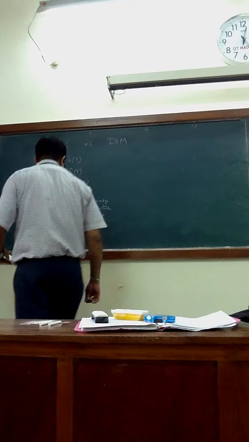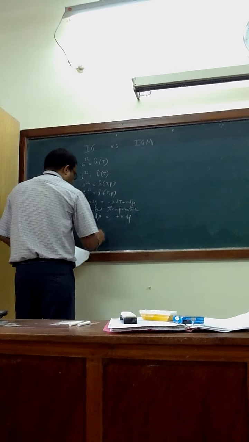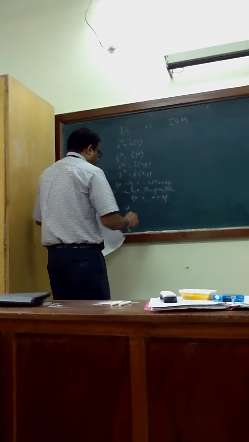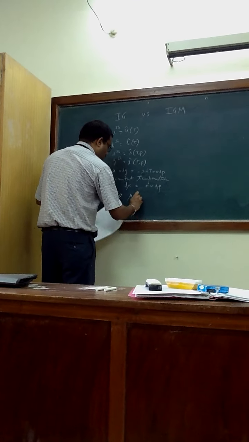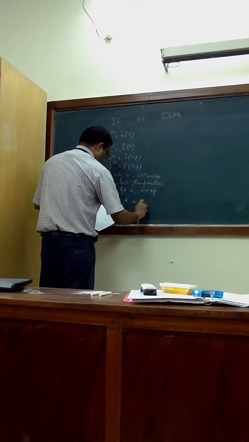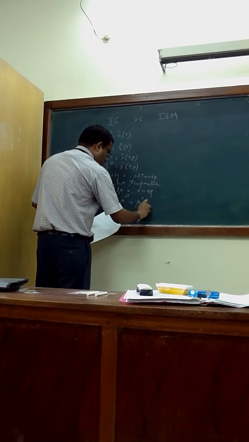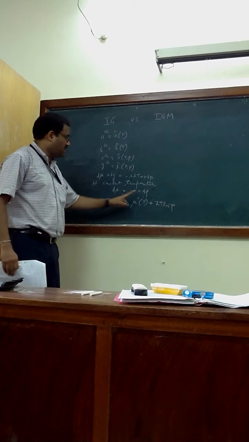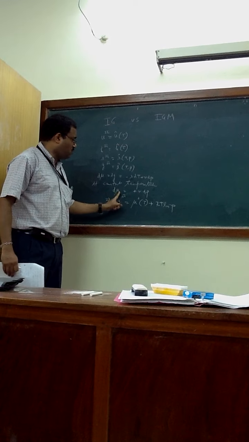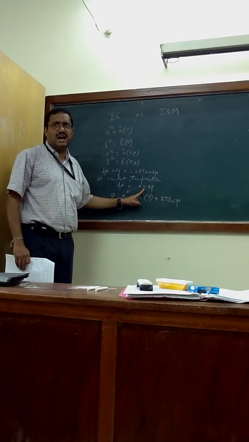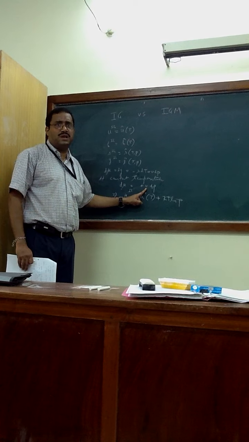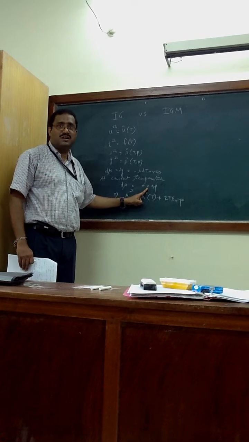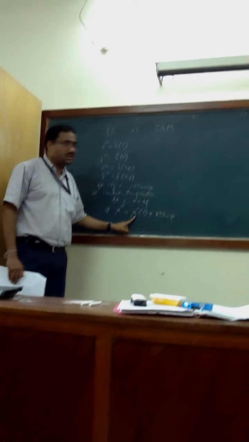I am fixing the temperature, so that when I integrate it, what will you get? μ equals μ0(T) plus RT ln P. That means if I integrate dμ ig, which is Vig equals RT by P, I get RT ln P plus an integration constant C. The integration constant is not a function of pressure. What else is remaining? Temperature. That's why it is μ0(T).